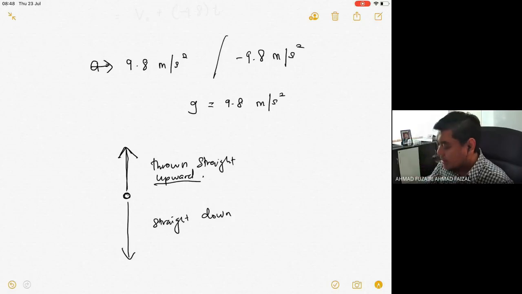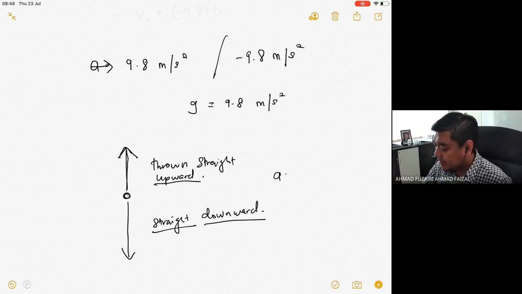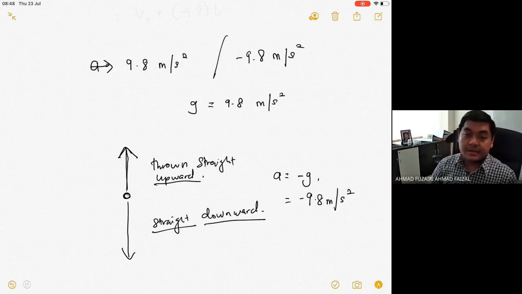The word downward, the word upward, straight, actually means that we will use free fall. So we can easily change to A equals negative G. So A will be equivalent to negative 9.8 meter per second square. Am I answering you, Adam?